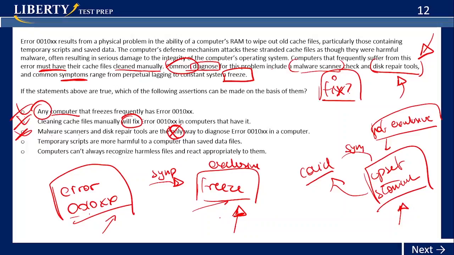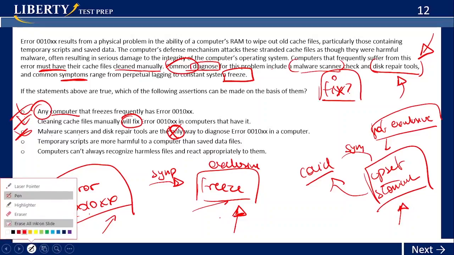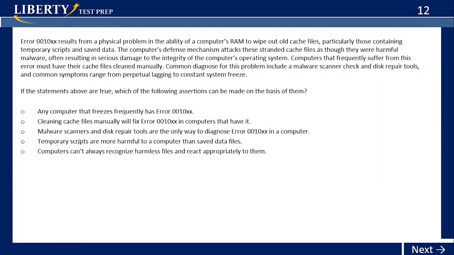Letter D. Temporary scripts are more harmful to a computer than saved data files. Where did they talk about these temporary scripts and saved data files? They actually mentioned them in the first sentence, right? This error results from a problem in the ability of this RAM to clean cache files, particularly those containing temporary scripts and saved data. Now, they are making a comparison here.